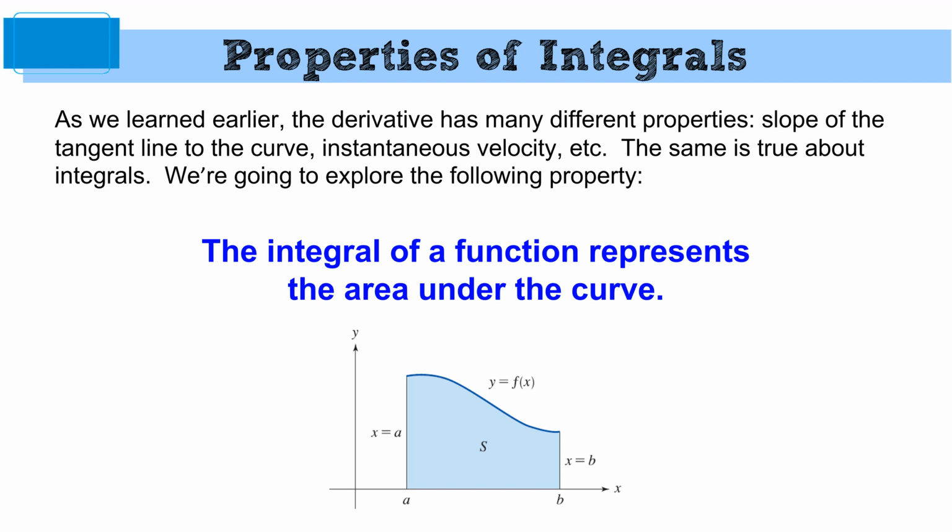The problem right now is that we know how to do a lot of different integrals. You've done it already. But every one of those integrals gave us another function. For instance, the antiderivative of sine is negative cosine plus c, right?